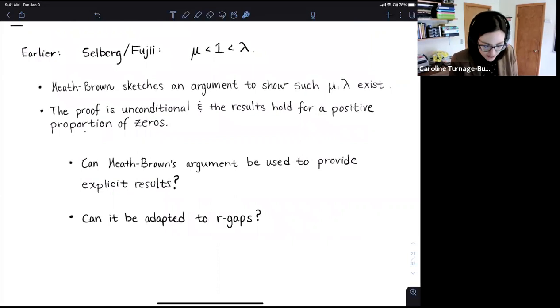As you recall, I told you Fujii and Selberg both observed that you get these strict inequalities, and that Heath-Brown gives a proof of this when R is equal to 1. And what's so really cool about this proof is that it's unconditional and the results hold for a positive proportion of zeros. So for the R equals 1 case, the question is, can the argument be used to provide explicit results? And then can we adapt it to R gaps?